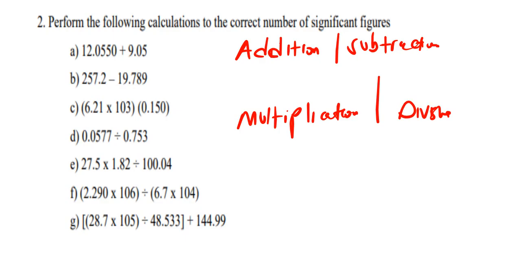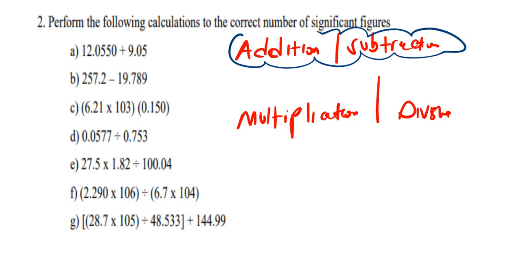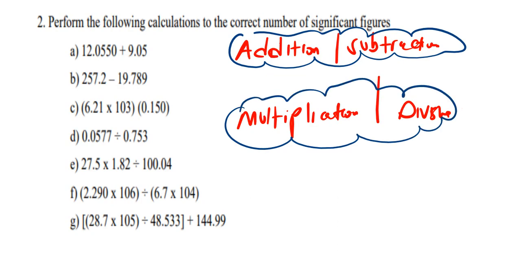So how do you deal with these two, and how do you deal with these other two? When you're adding two numbers or more, or when you're subtracting two numbers or more, the rule is still the same. Round to the number of decimal places of the least precise value.